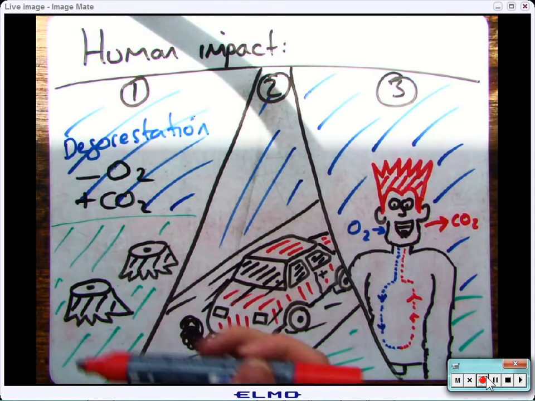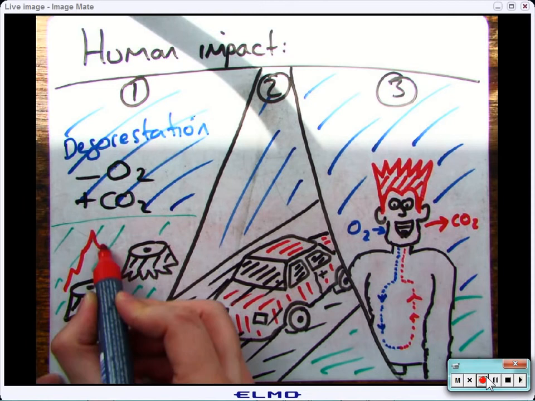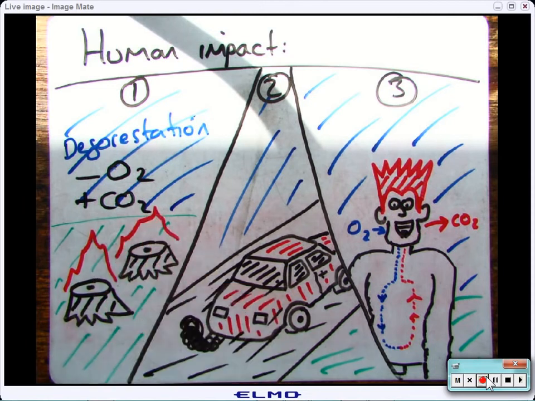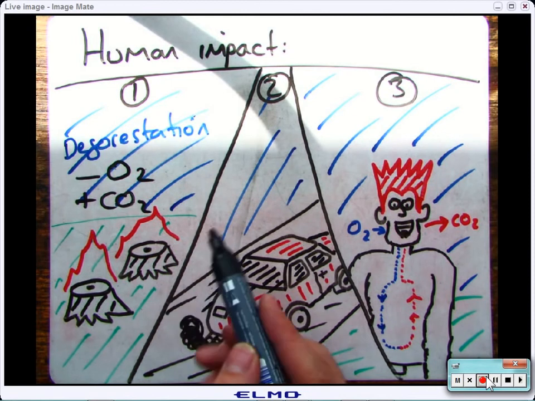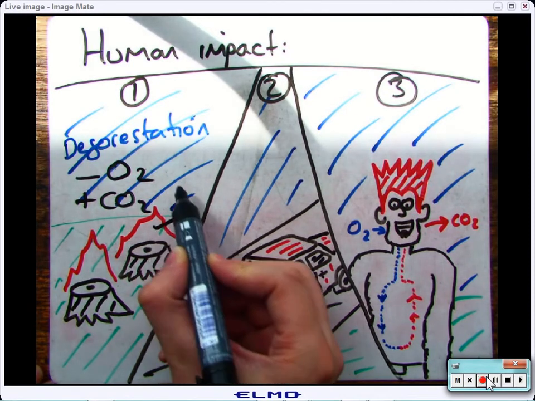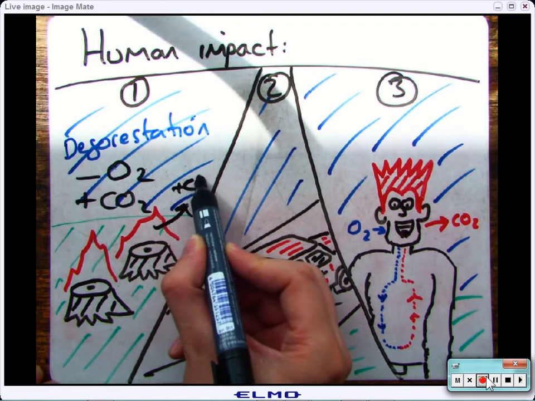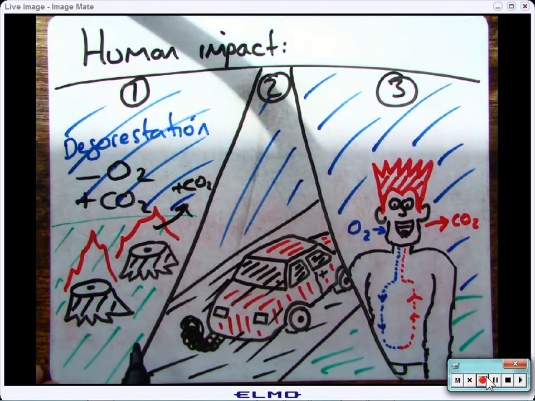Especially if, to get rid of this wood, we then burn it, because not only are we reducing the amount of things that can take in the carbon dioxide, we're adding more CO2 by burning it.